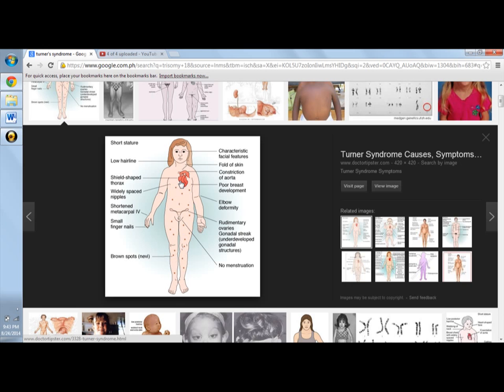The most important one would be the coarctation or constriction of the aorta. A percentage of patients with Turner's have cardiac problems, which are much less severe compared to patients with trisomy 21, 18, or 13, but this is the most associated cardiac abnormality with Turner syndrome.